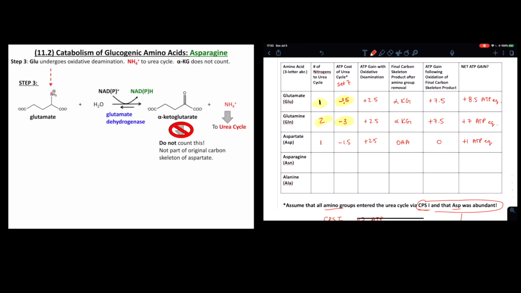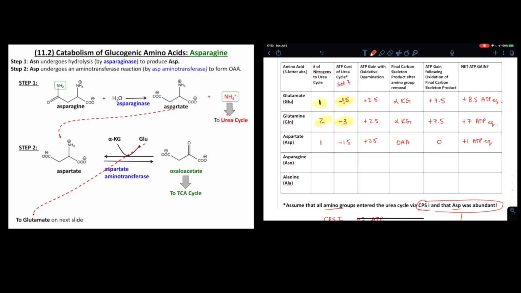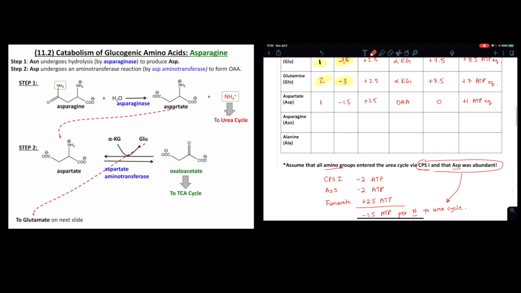The glutamate, which carries the nitrogen from the aspartate, is going to undergo oxidative deamination through glutamate dehydrogenase, and it's going to produce an NADH or an NADPH there, which is worth 2.5 by our convention. We do not count the carbon skeletons from alpha ketoglutarate again because this is not part of the original carbon skeleton from asparagine. And then the remaining nitrogen, which gets taken off here, is going to go into the urea cycle. So let's summarize this in the table.